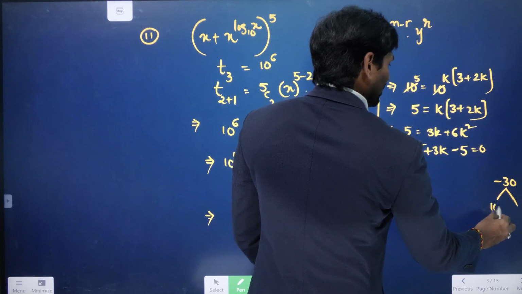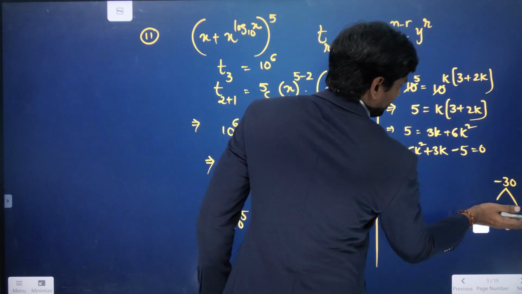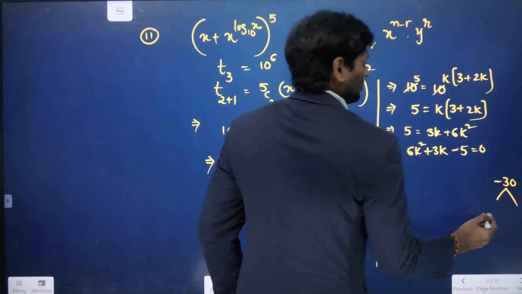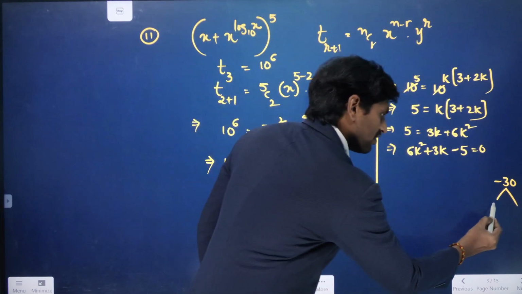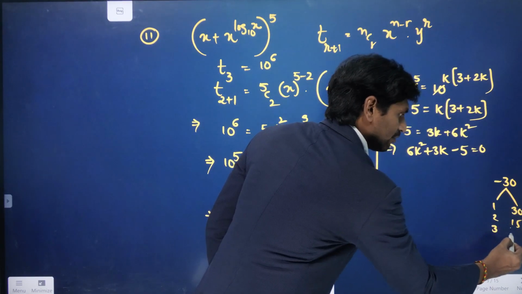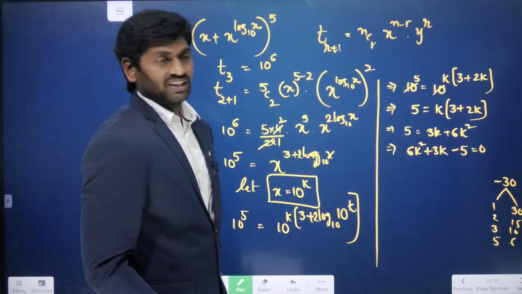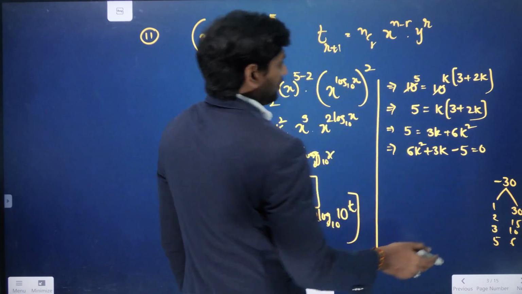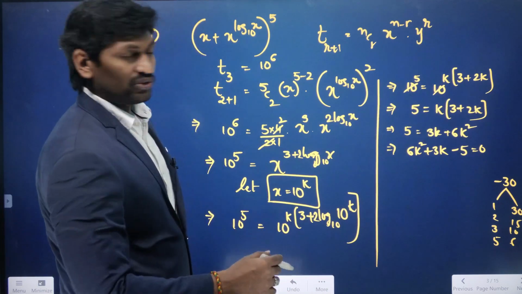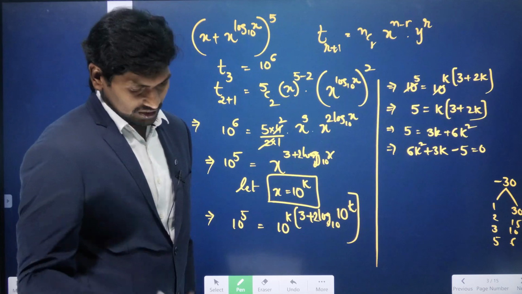Let us try values like 1 and 30, 2 and 15, 3 and 10, 5 and 6, but we are not getting the possible value here. So I am going to try the minus b plus or minus root of b squared minus 4ac format.